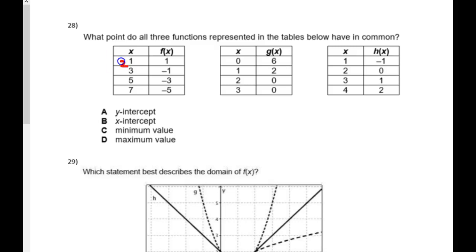This one has a point in here, (2, 0), between these numbers because it's linear.